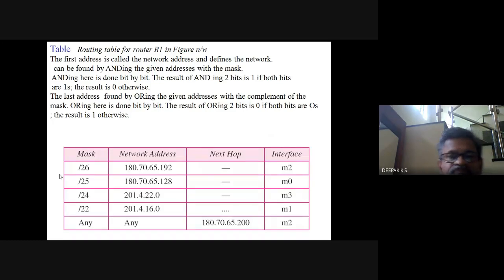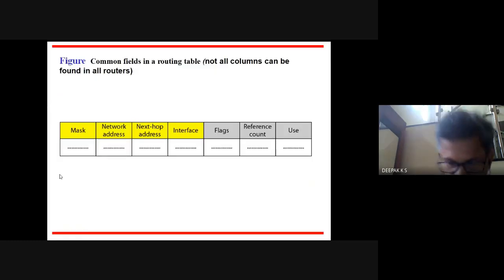We know that a router has a routing table, based on which it has to find the next hop address to forward a datagram. A datagram comes in, the header is extracted, and the destination address is taken.